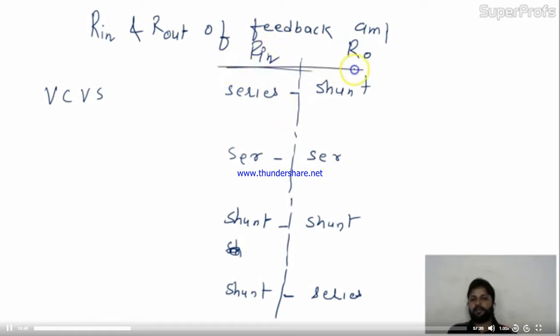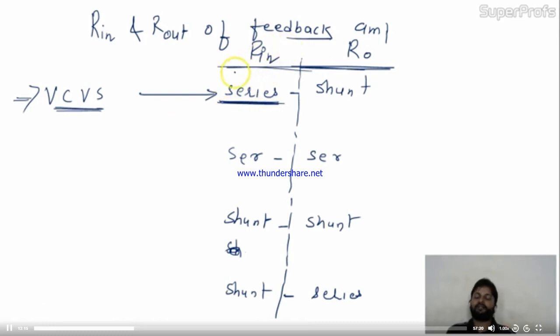Suppose we have parameters. The input resistance is Rin in the original circuit. The output resistance of the original circuit is R0. Now you use this type of topology, VC-VS. In the VC-VS, there will be changes in Rin and Rout because of this feedback circuitry. If the input connection is a series connection, your Rin is definitely going to increase.